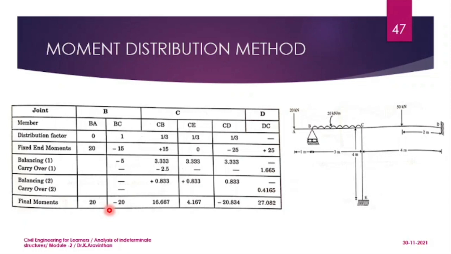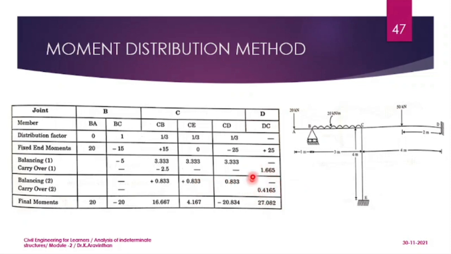And joint DC will be having 27.082. And if you have the joint E here, the half of the load, that is 3.33 by 2 will be transferred here, that is 1.655 will be there, and half of 0.883 is 0.4165.